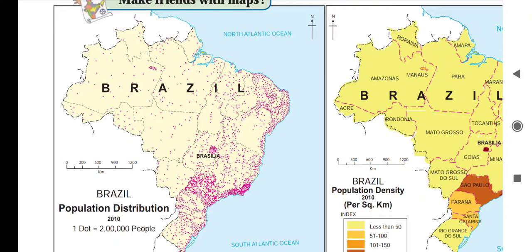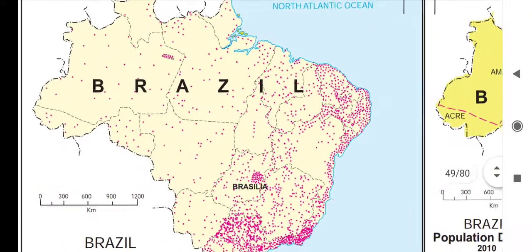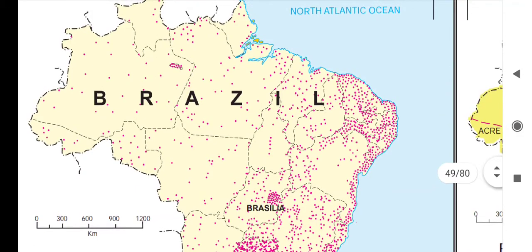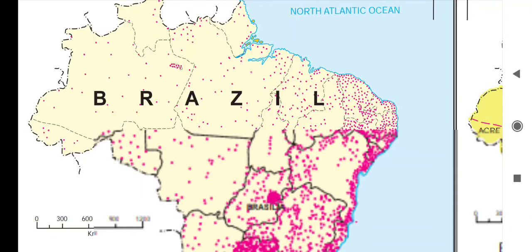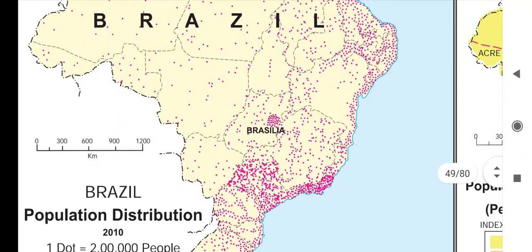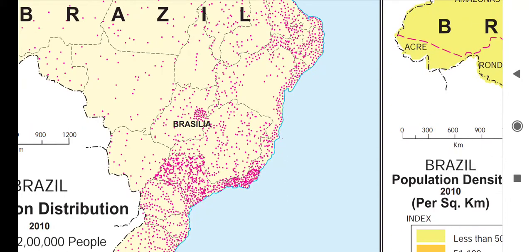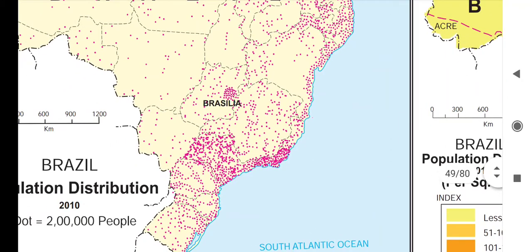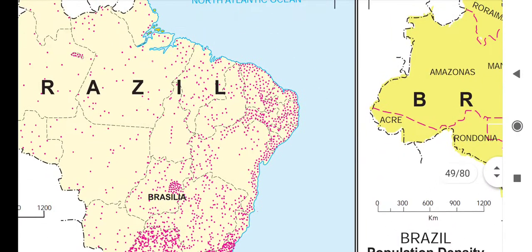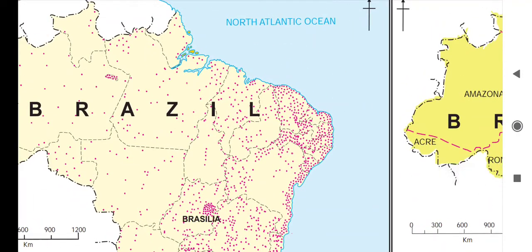Here the Amazon river basin is given, and due to that there is a dense forest, so the population is very less here. Again here downside, the Pantanal region is a swampy area, so there also population is less. Here the drought-prone region, means rain shadow area, is formed, due to that also population is less here.